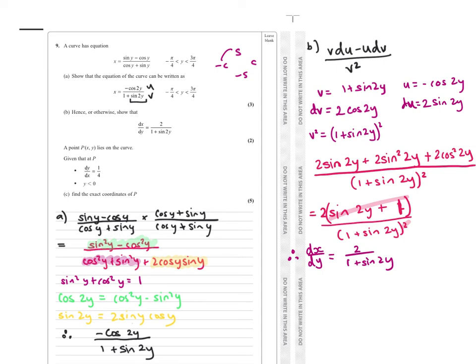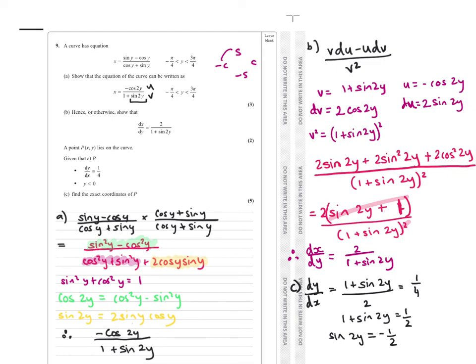So dy by dx equals 1 plus sine of 2y over 2, which equals a quarter. That means 1 plus sine of 2y equals a half, because I multiplied both sides by 2.